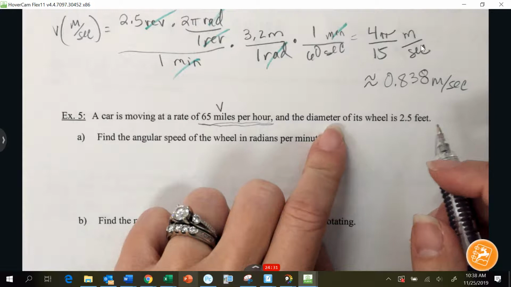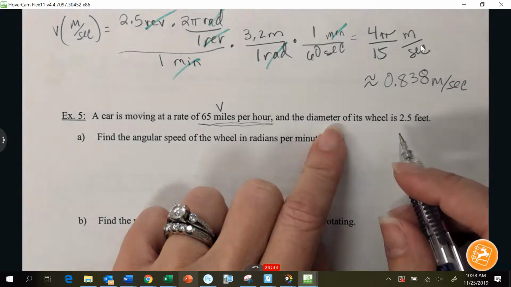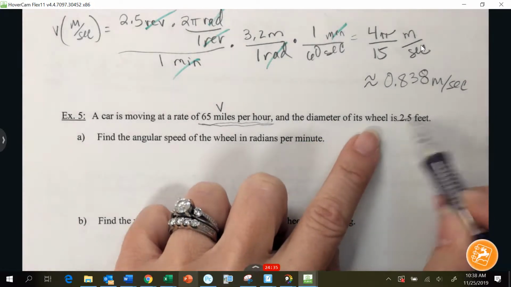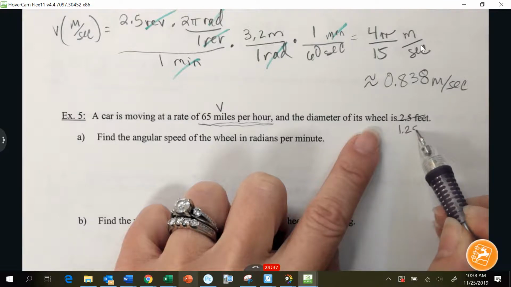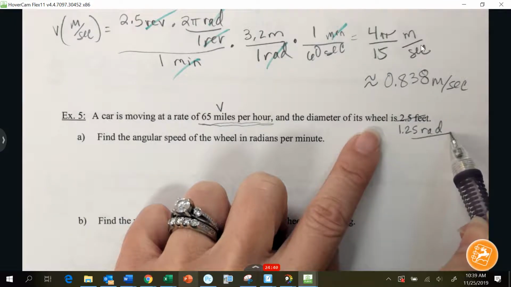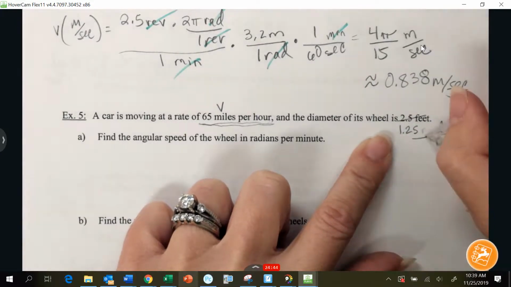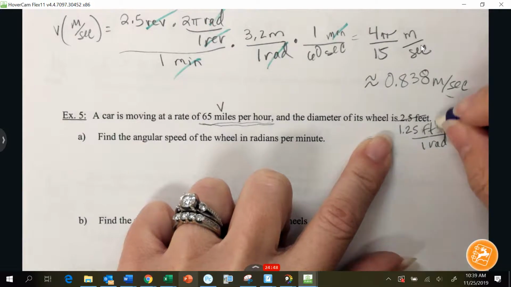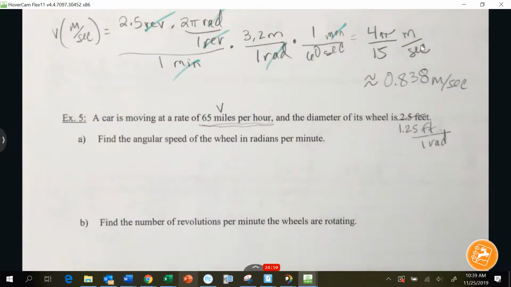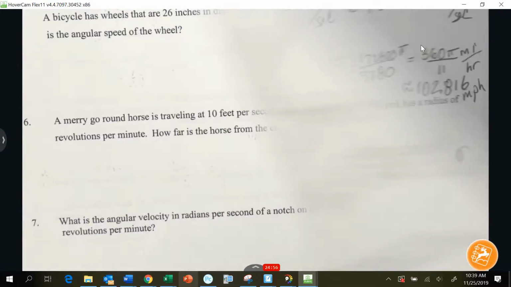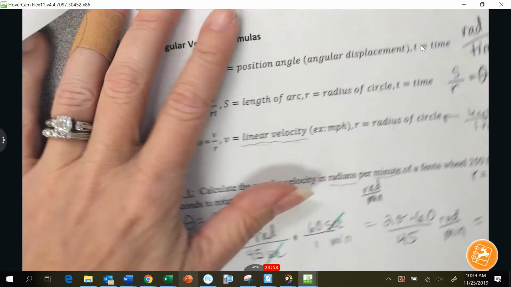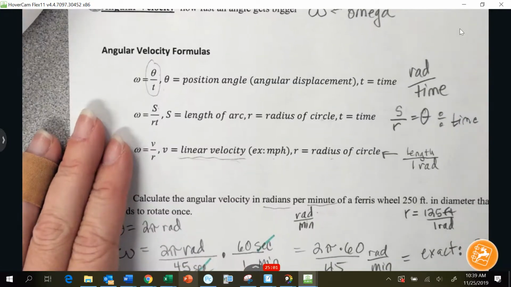Do you think we need our diameter? No, we probably just want radius if we use it at all. Feet per 1 radius. We need to find the angular speed of the wheel. Angular velocity and angular speed are the same thing.